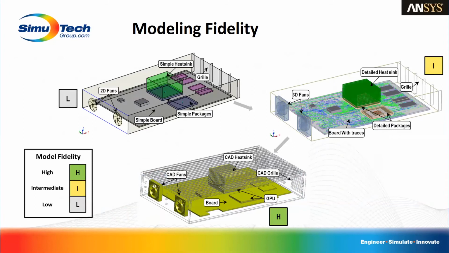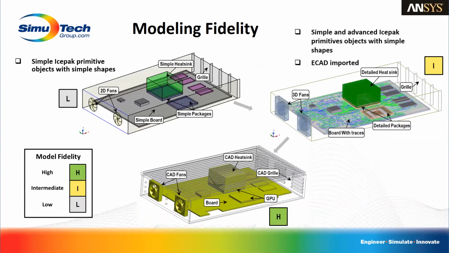So here, the modeling fidelity, and this really holds true again for both softwares. You can start out with what would be considered a low modeling fidelity in the upper left-hand corner of the screen. So in classic Icepack, that would mean generating all of these objects within Icepack itself using the edit panels for each of those types of objects, a grill object, a heatsink object, a board object, fan objects, and so on. So starting from scratch, basically blank screen, building your entire model within Icepack.